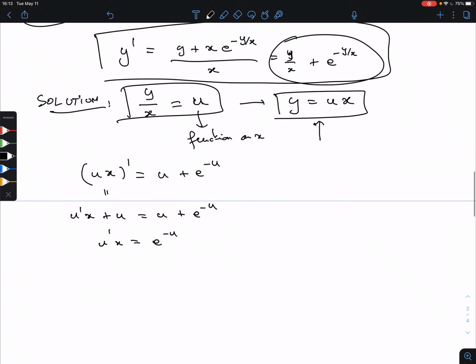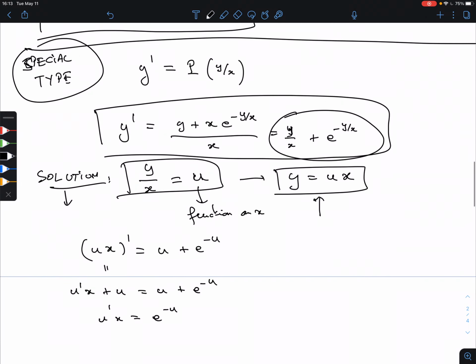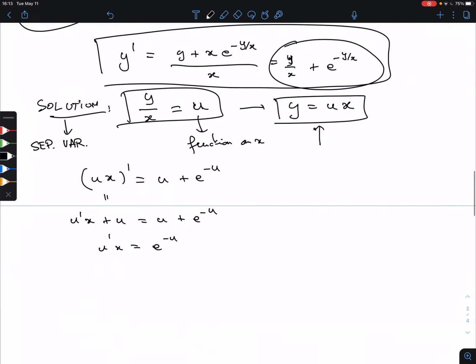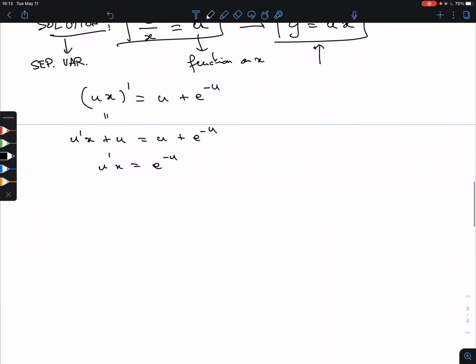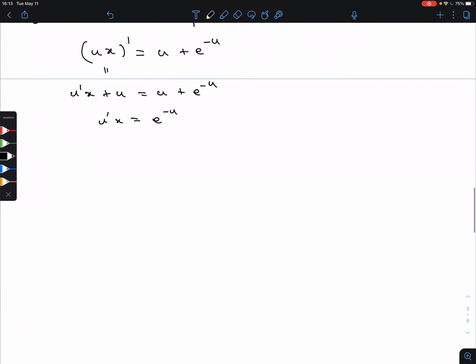Now remember, again, we want to get to a separable equation, separating the variables. So this is what we want. If I bring this to the other side, it would be e to the u du equals 1 over x dx.